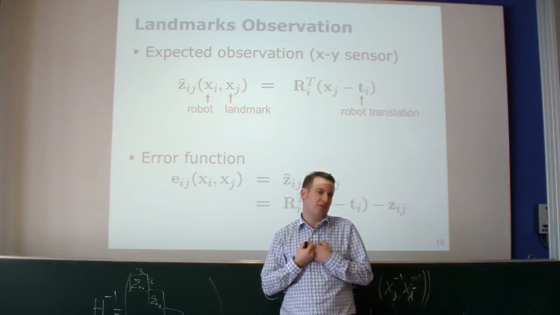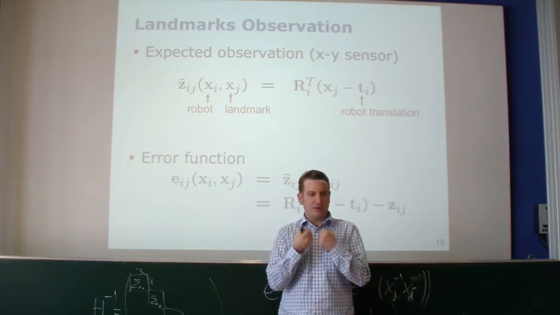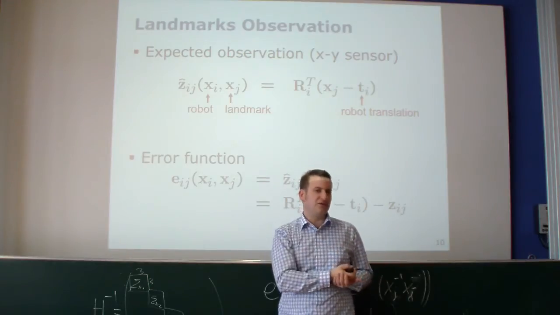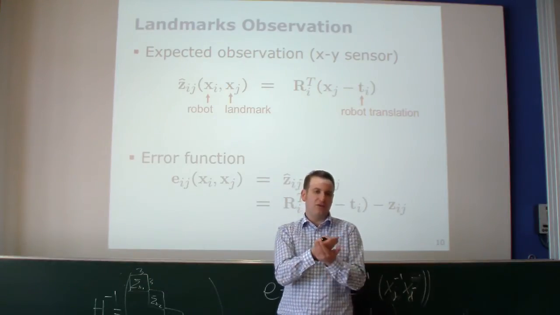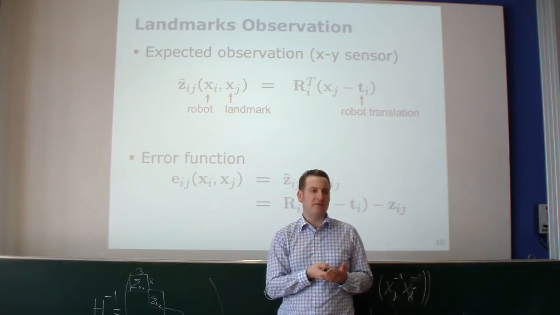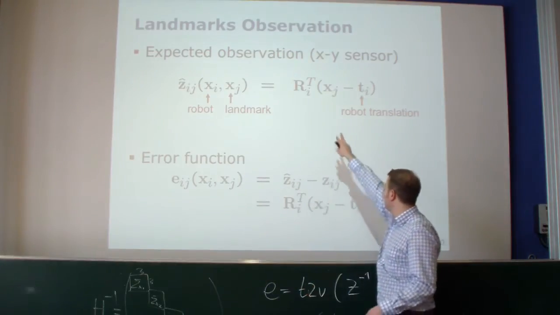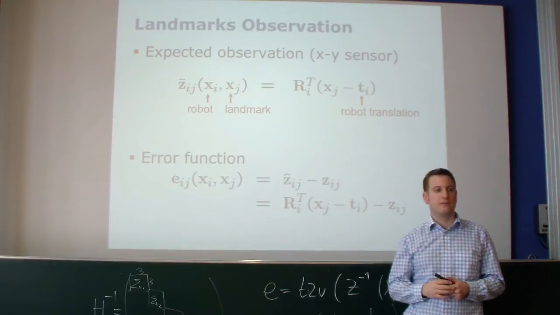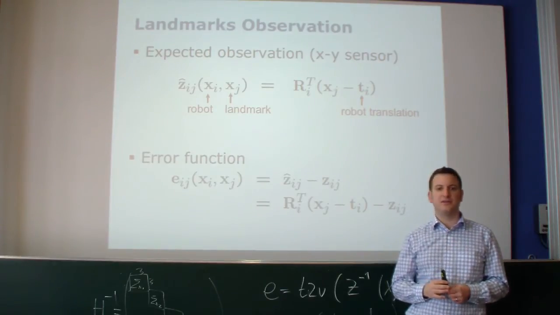And this is in the robot's reference frame. The virtual observation is in the robot reference frame only because the real observation is also in the robot's reference frame. I need to compare both of them, so they need to be in the same frame. It is a transformation from one frame to the other frame. Any further question?